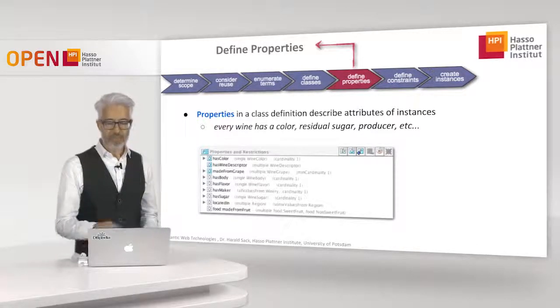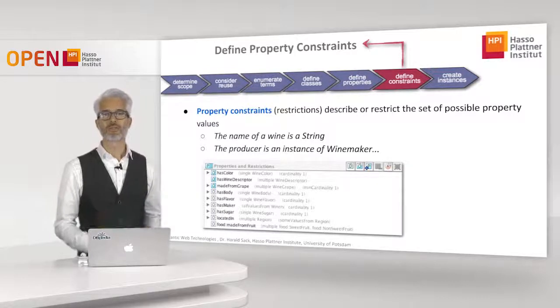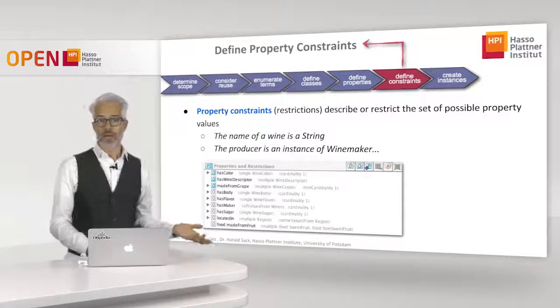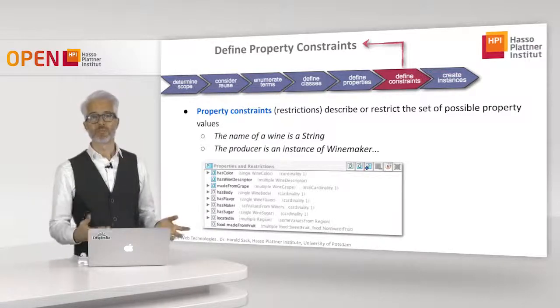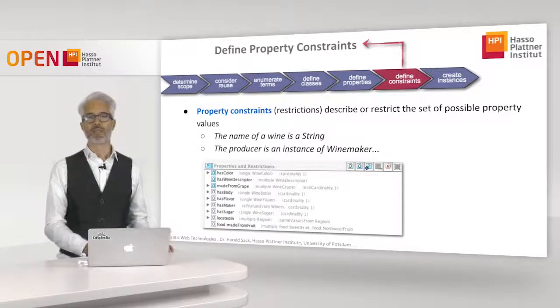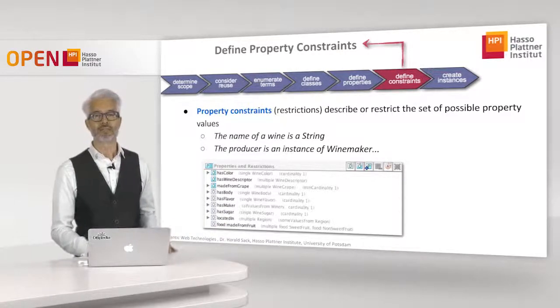And the next step then would be to define also constraints for the properties. So, of course, domain and range of a property should be restricted. Like, for example, the name of a wine is a string, the producer of a wine is the instance of a winemaker.